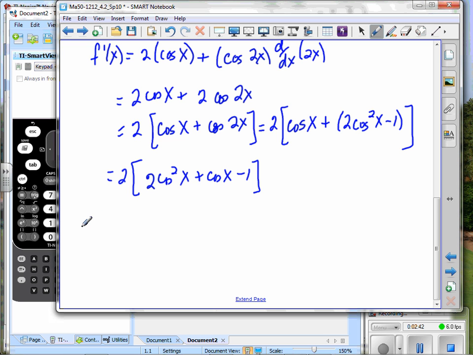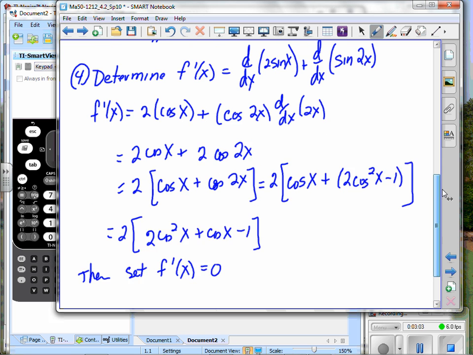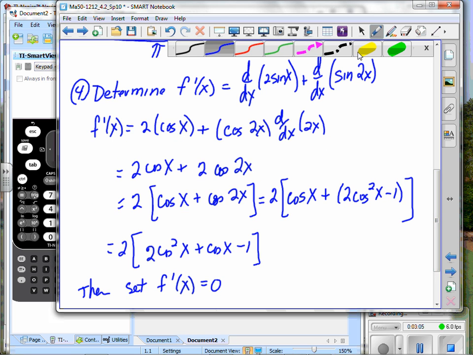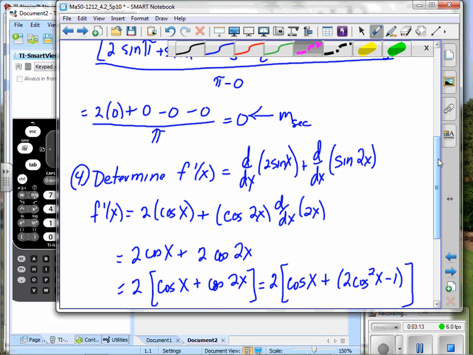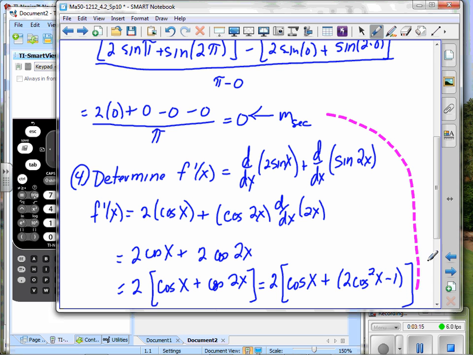Now, if I'm going to set this equal to 0, and I'll just put for the sake of the note, set f prime of x equal to 0. Why do I want to do that?